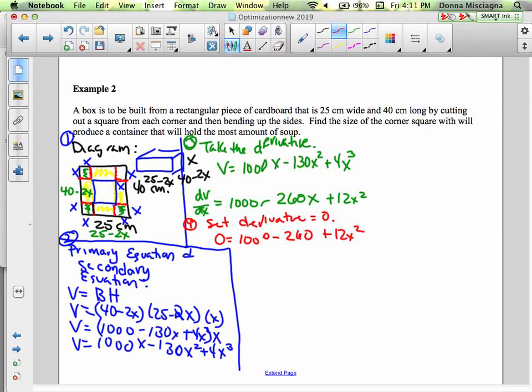So let's divide everybody by 4. The 12x squared is now going to be a 3x squared. So 0 equals 3x squared minus 65x, and then 1000 divided by 4 is going to be 250.